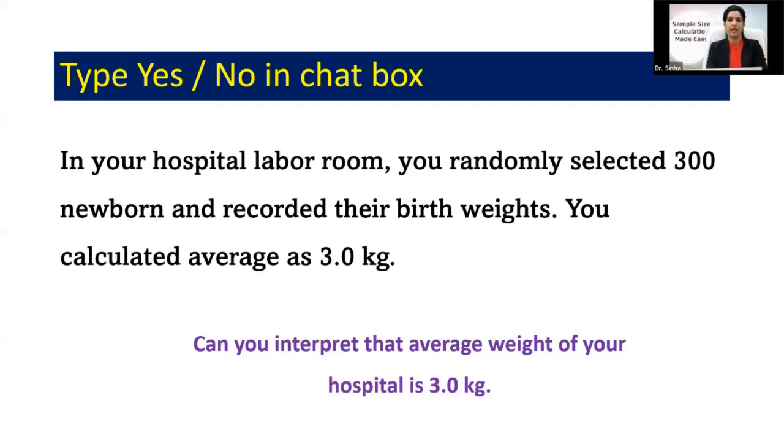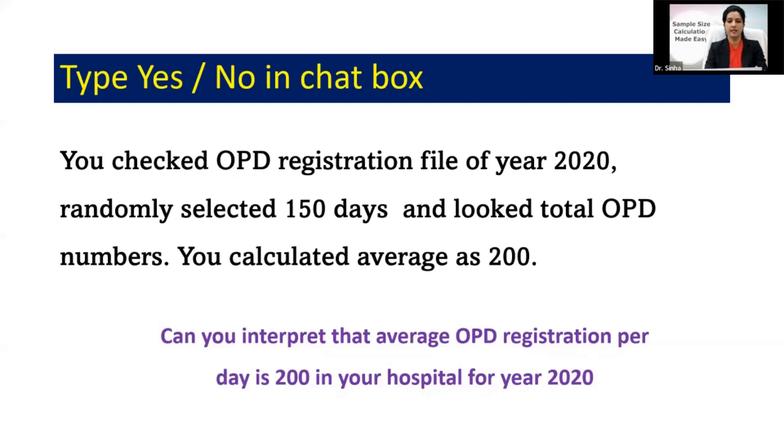Yes, you are right. And you can see here that obviously you need a sampling frame. Many of you have raised the question of how you know whether this 300 is adequate or not. But one thing is sure as you move from left to right. Let us see this example once more.